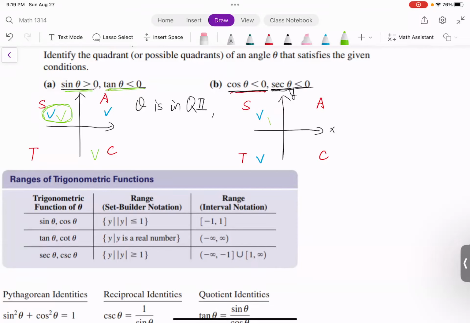Let's use this and this, which also means secant theta is negative. So theta is in quadrant 2 or quadrant 3, because those satisfy these two conditions.